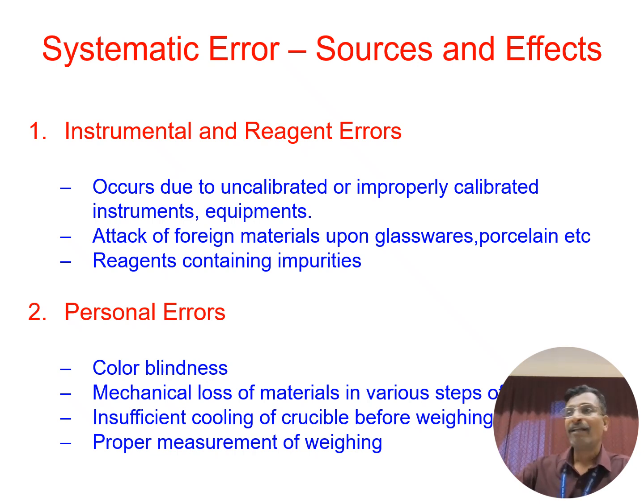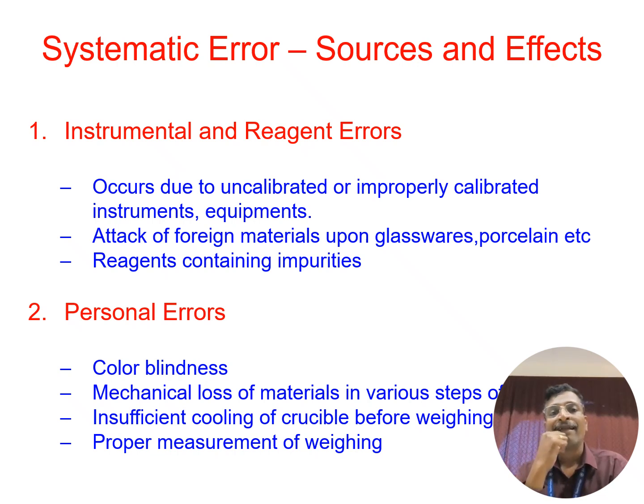Once in 6 months means the tag shows the previous date of calibration, the result data, whether it is passed or not. So the next calibration dates, everything will be available on every instrument. It should be pasted or tagged. So calibration is one of the essential parameters to minimize the error. If we are using an instrument which is not calibrated or improperly calibrated, it affects our results.